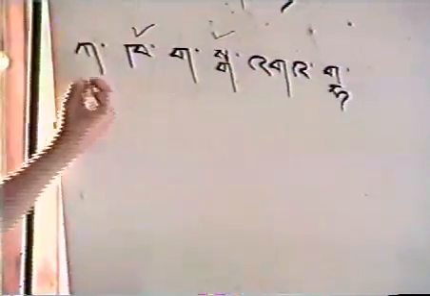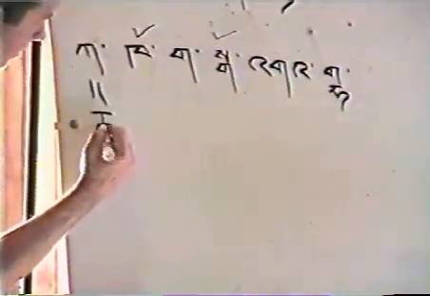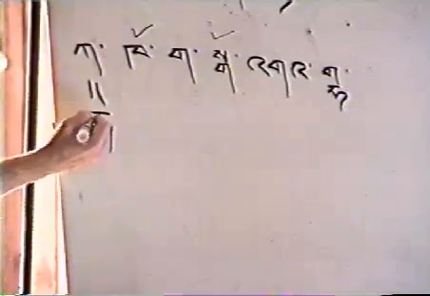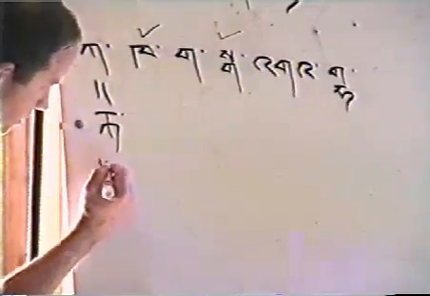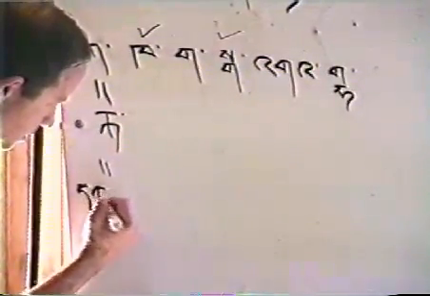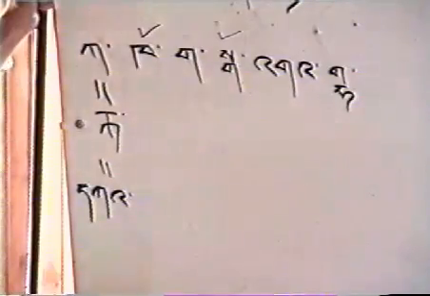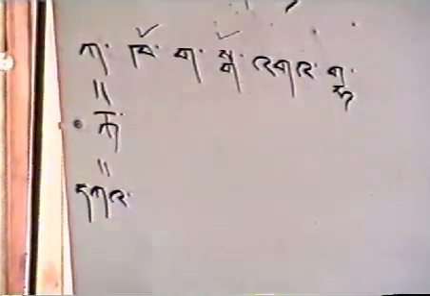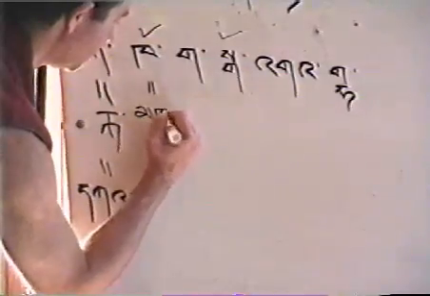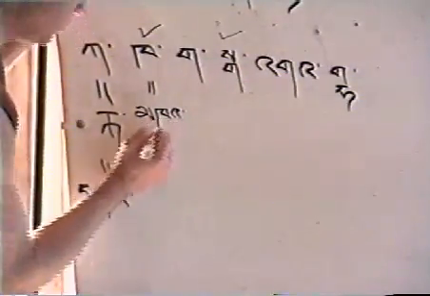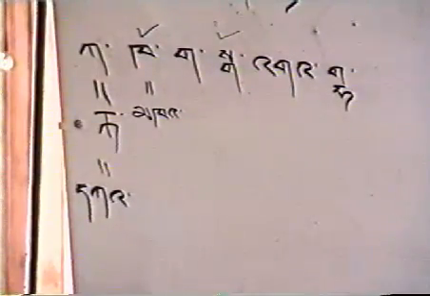Okay. This equals ka, right? No change in the sound. This equals ka. No change. This equals ka. See? No change in the sound.